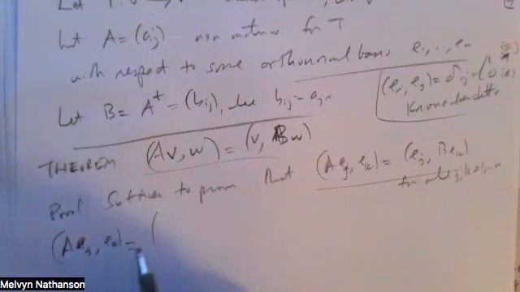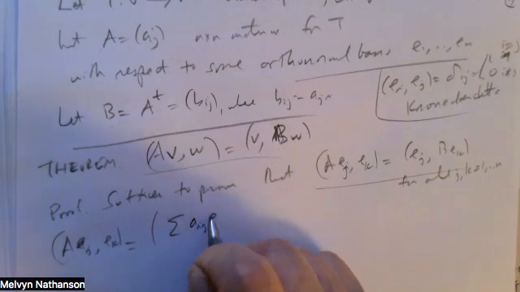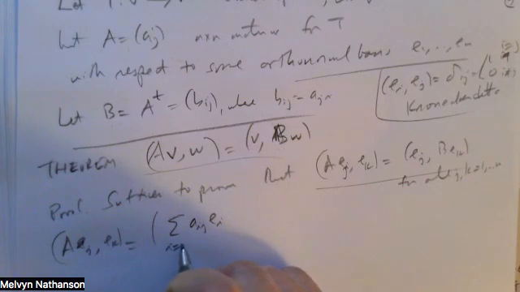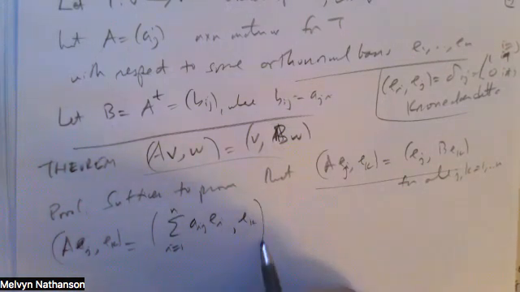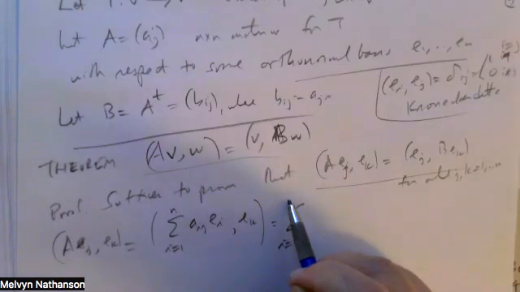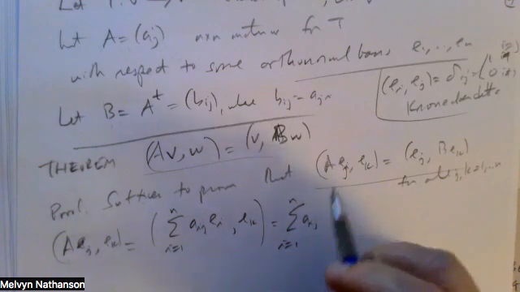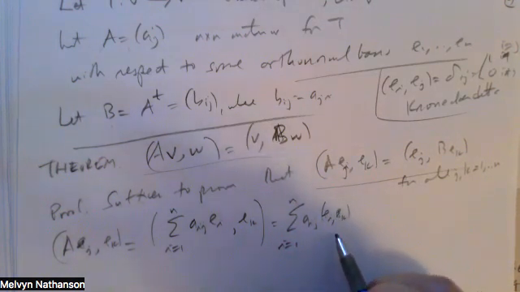A applied to EJ is summation Aij E sub I, I goes from 1 up to N, inner product with EK. This is summation I goes from 1 up to N, Aij, inner product EI EK.